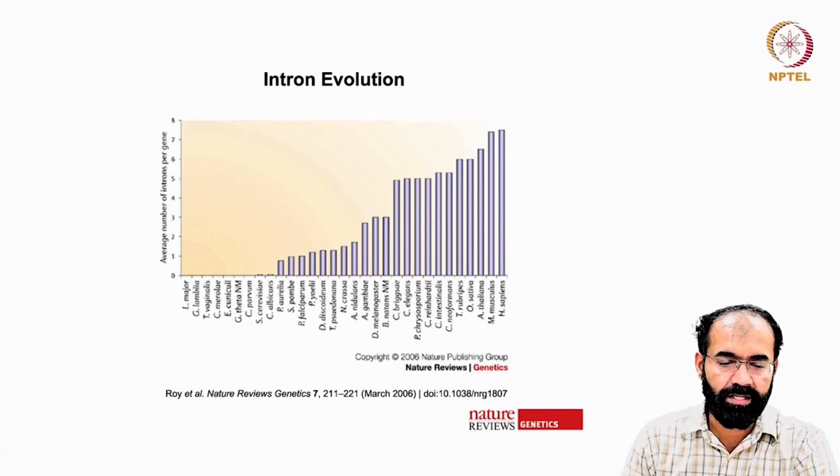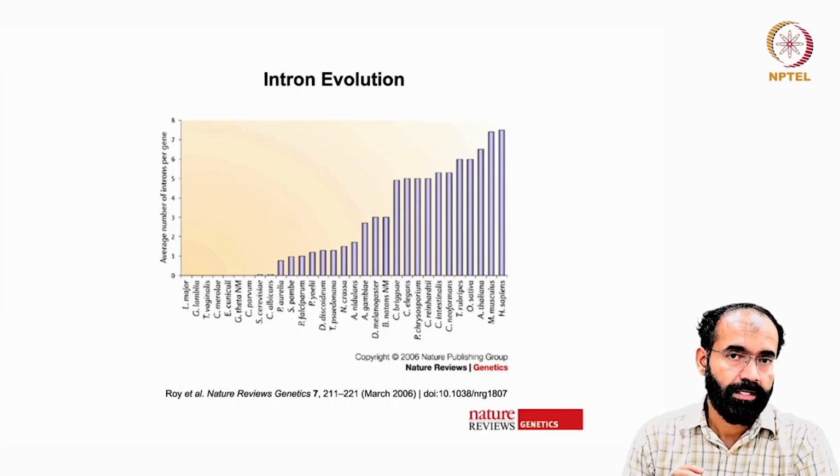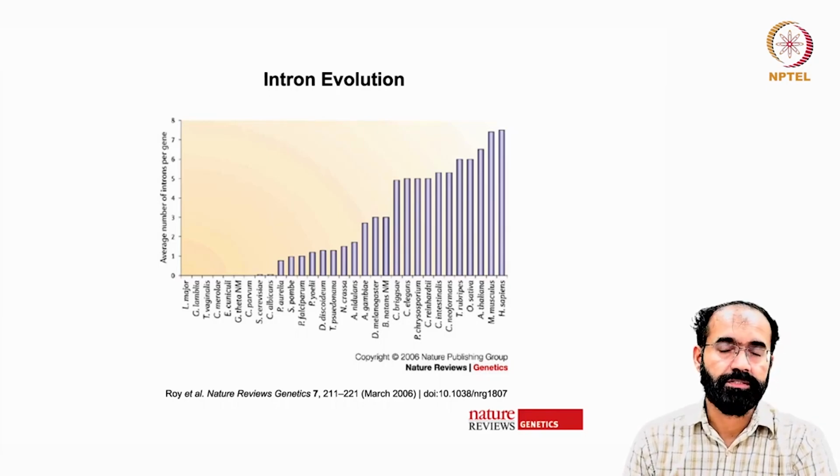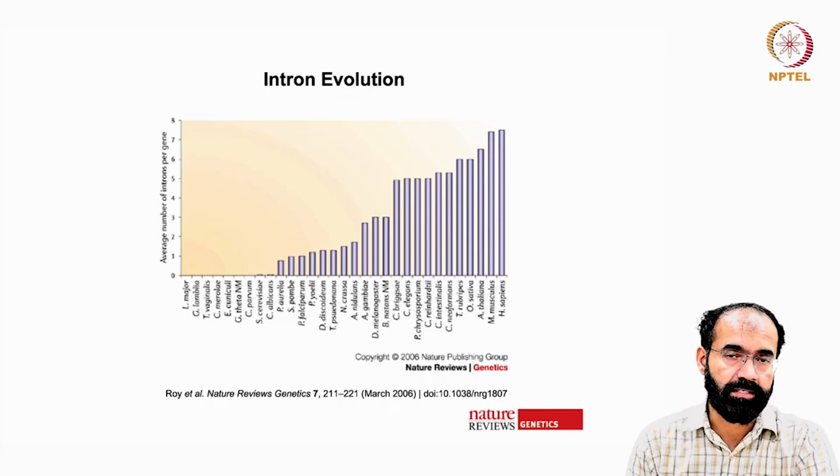And if you see around here, some 1.5 to 2 around yeast, normally the unicellular eukaryotes don't have that many introns per gene, but introns are there, not that many. This is, of course, an average number.